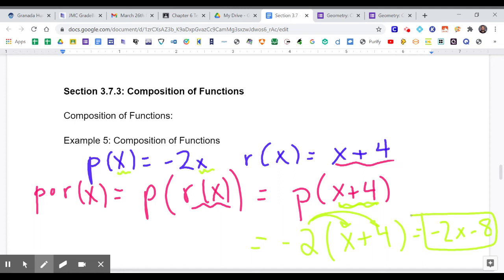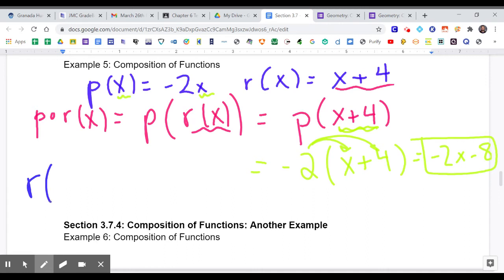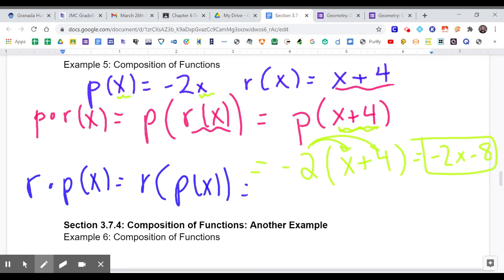Now, the question is, is r of p of x going to be the same thing? So let's figure out what that is. I'll write it out so we can see it. r of p of x, which is r of, and then remember p of x is negative 2x, so negative 2x.